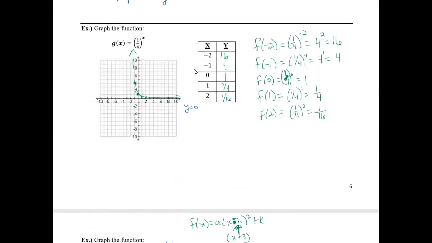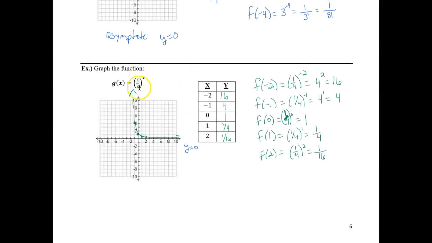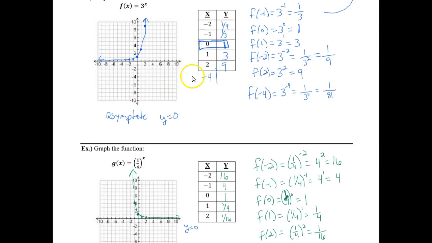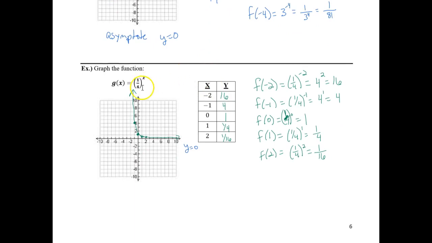So let's talk about fractions real quick. So if the base is a fraction versus if the base is not a fraction, remember that point -1, 1 over b was a nasty fraction when this was a whole number because it was 1 over 3. Versus if it's already a fraction, then 1 over b becomes 1 over a fraction, and when we have a fraction in the denominator, we take the reciprocal.